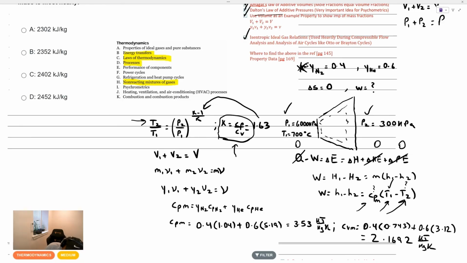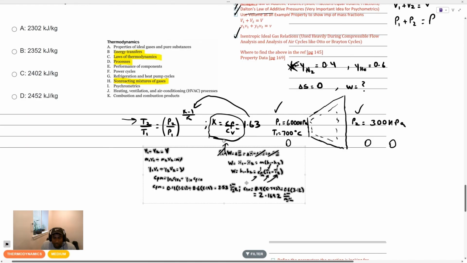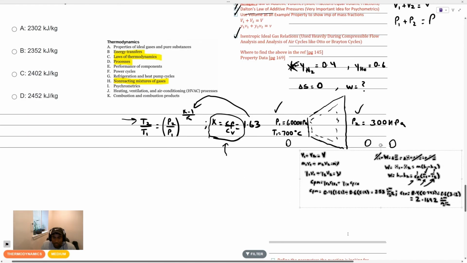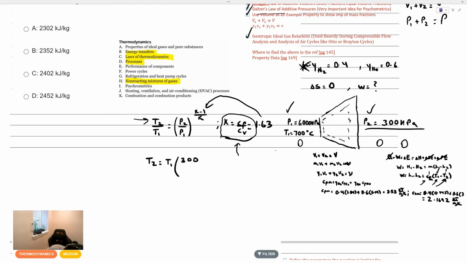Let's go ahead and plug in that pressure ratio. Let me remove some of this information here so I have some space to write. All right. T2 is equal to T1 times the pressure ratio. The pressure at state point 2 is 300 kPa. Pressure at state point 1 is 6,000 kPa.